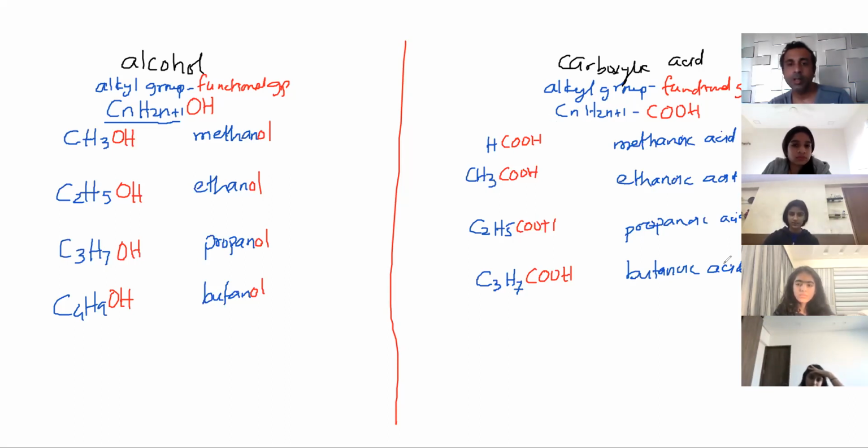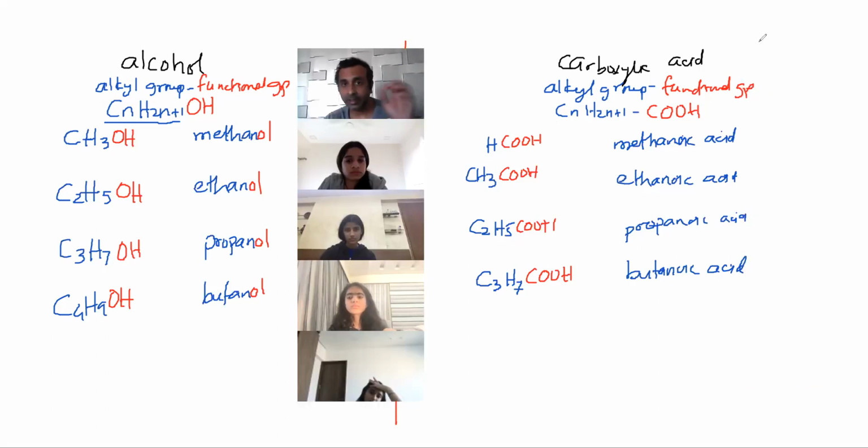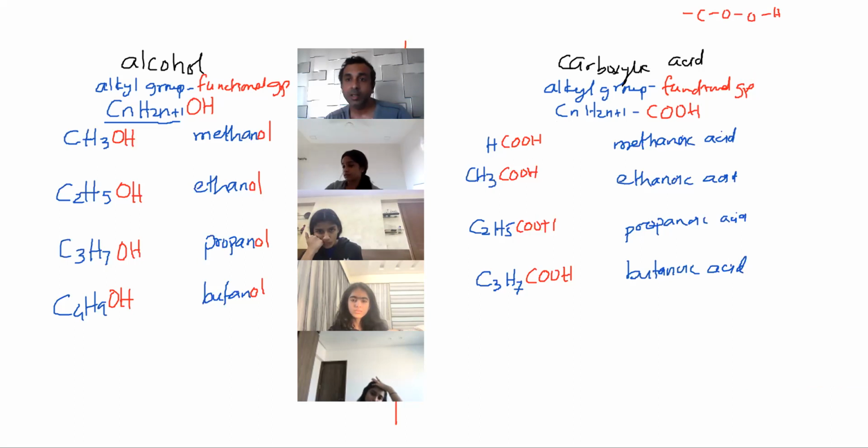One thing is that the COOH, as we write it, the structure is not the same. It is not like C bonded to O, bonded to O, bonded to H. COOH is not like that. Rather, both these oxygens are bonded to carbon.